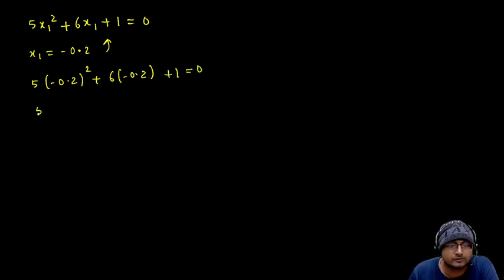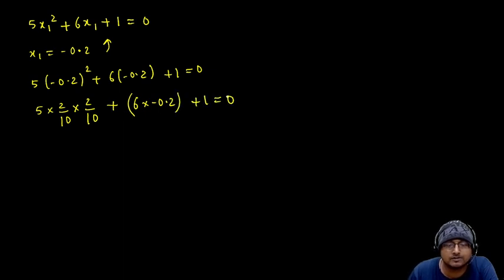It will become 5 into 2 by 10 into 2 by 10, because 0.2 can be written as 2 by 10, and minus whole square will be positive only. Again 0.2 into 0.2, plus 6 into minus 0.2 plus 1 is equal to 0.